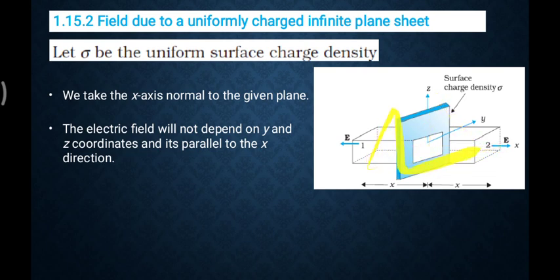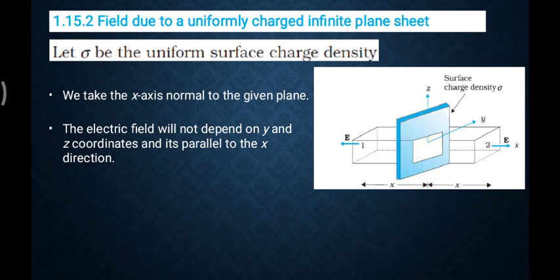Whatever coordinate or calculation comes into the picture, it is normal to the plane, which means our plane sheet is perpendicular to the x axis, and y and z are parallel to our plane sheet. The electric field is present along this x axis, because the charge is present here. So it can be on this side or on this side. The electric field is not present along the other directions.